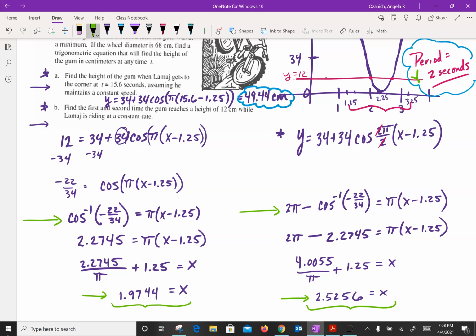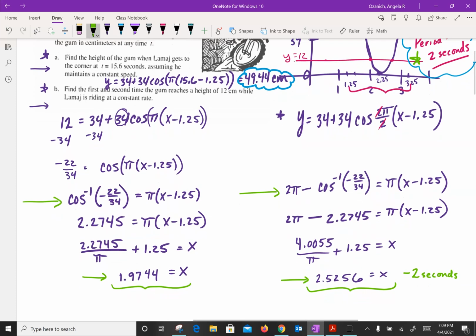The only cautionary thing is that because 2 seconds is the period of my function, I can subtract 2 seconds from this and probably get the first time that the gum is at 12 centimeters, which would be around 0.5256 seconds. I might have rounded differently than you guys did. So that should probably be the first time, and then I think 1.9744 is the second time.